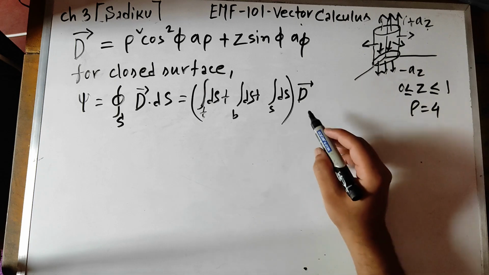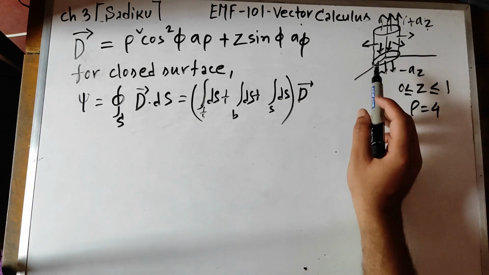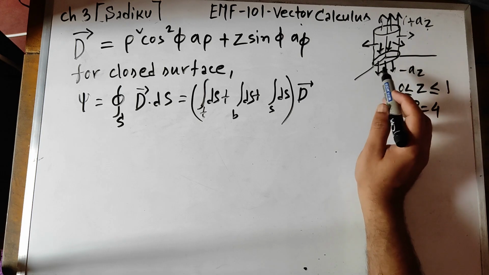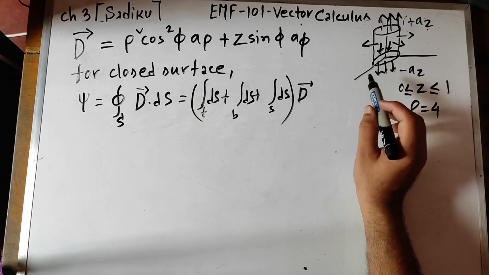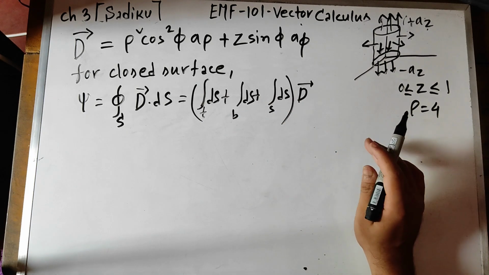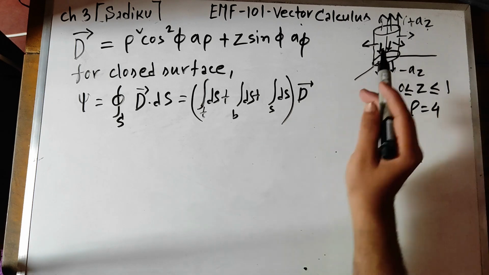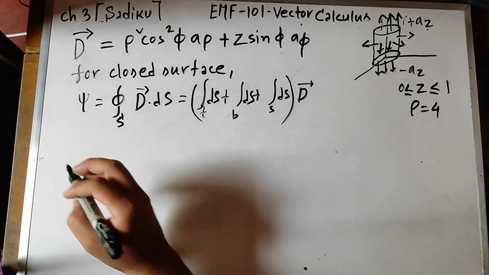So we are gonna find the total flux of the closed surface, the cylinder, in partitions.